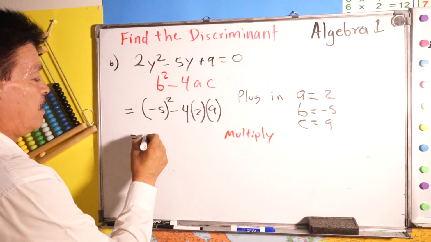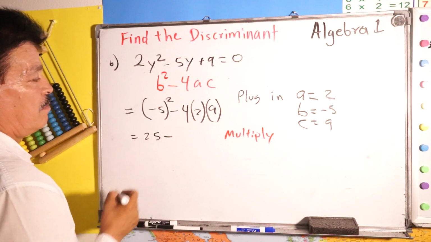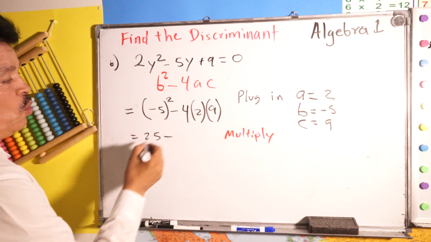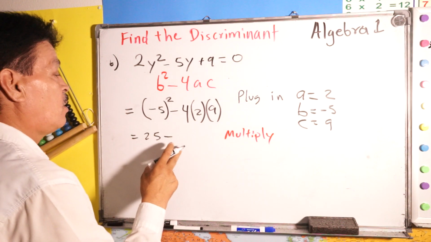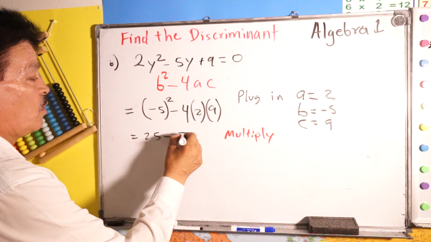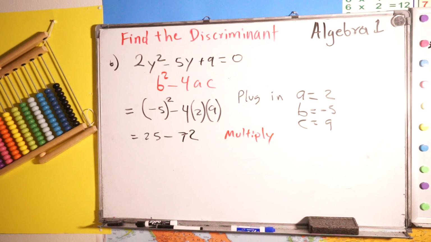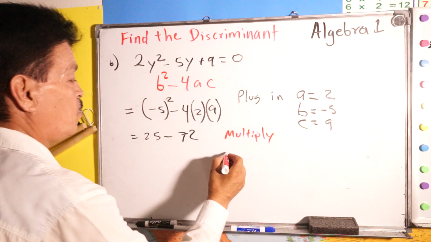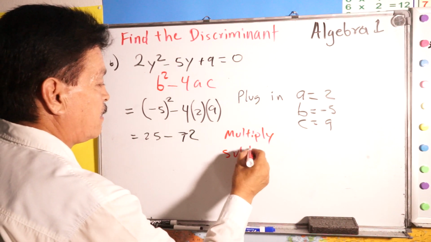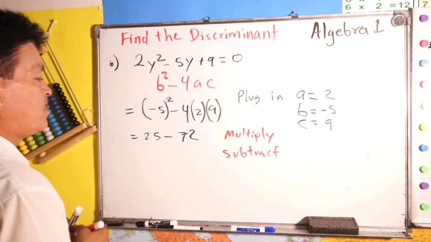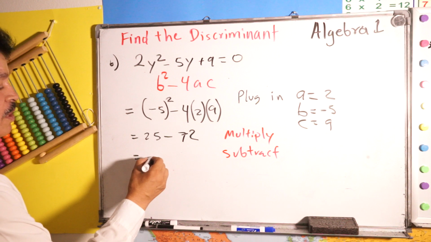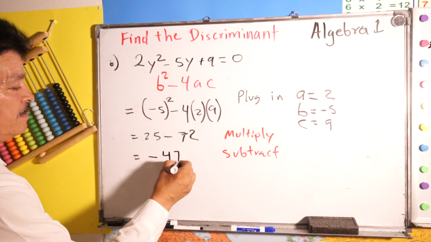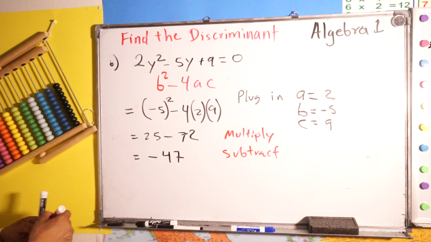Negative 5 times negative 5 is 25, minus 2 times 9 is 18, times 4, it is 72, right? 72. Now subtract. You subtract here, the answer is going to be negative 47. See, this is our answer.